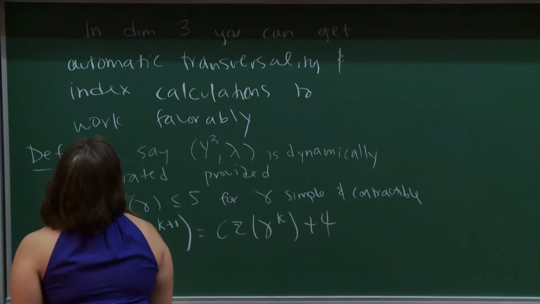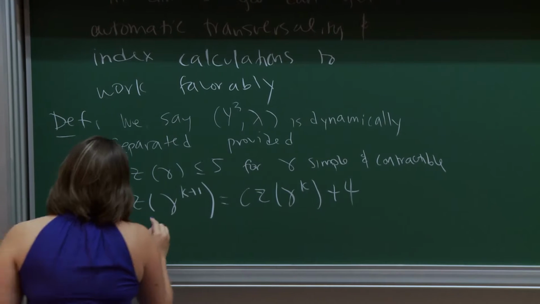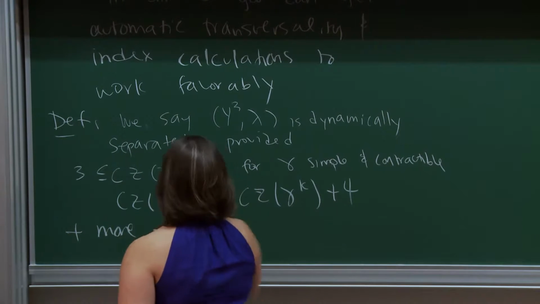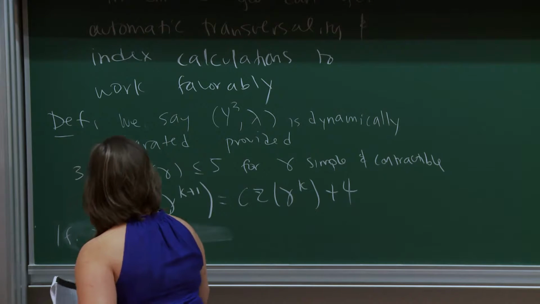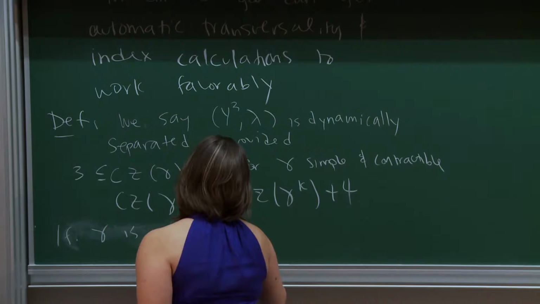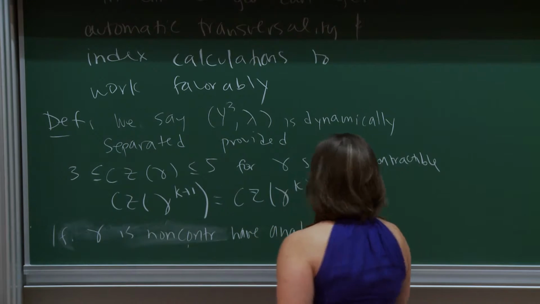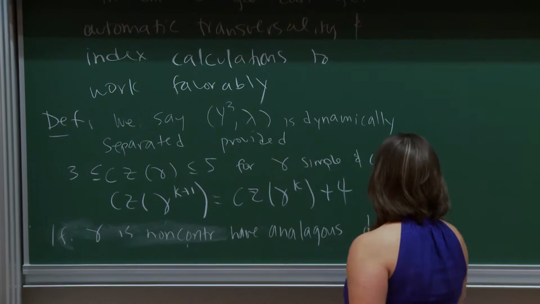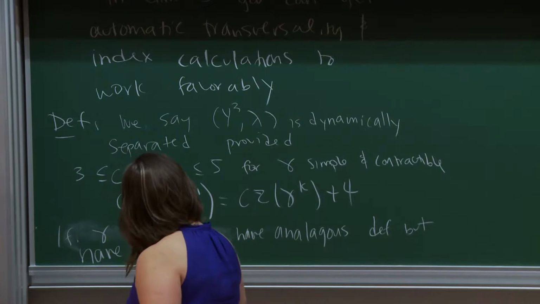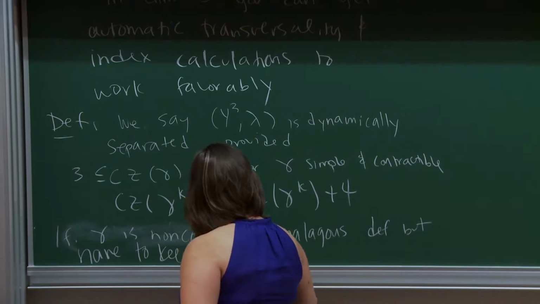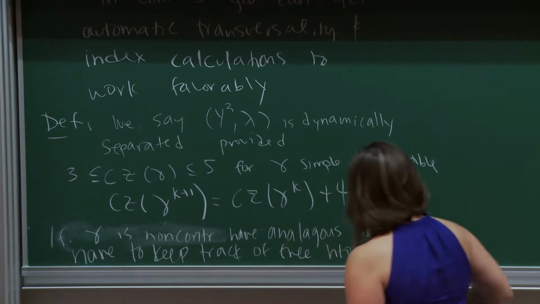So this holds, and then you can do this, so I guess I should say, if gamma is non-contractible, you have an analogous definition, but you have to keep track of free homotopy classes of Reeb orbits, and it just becomes a mess to write down, so I'm not going to.